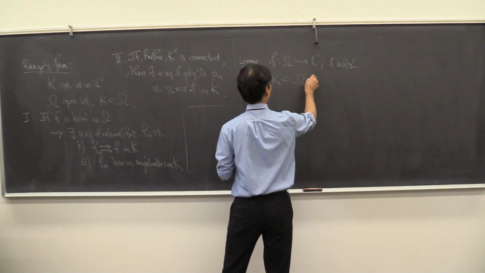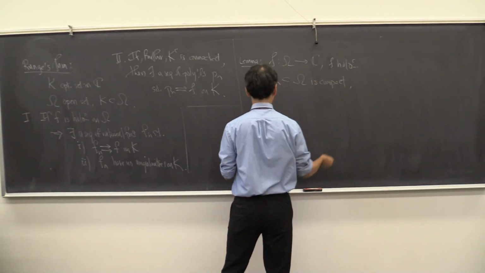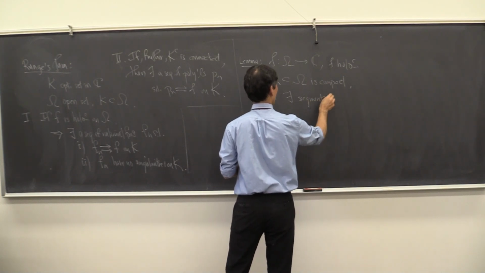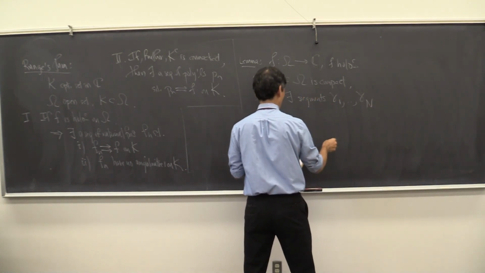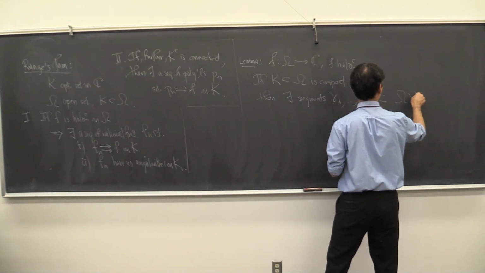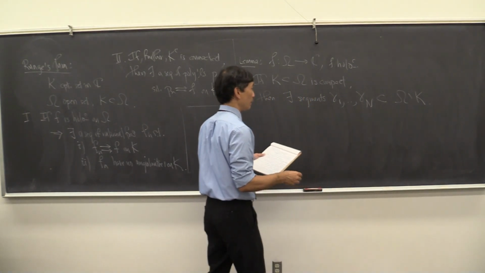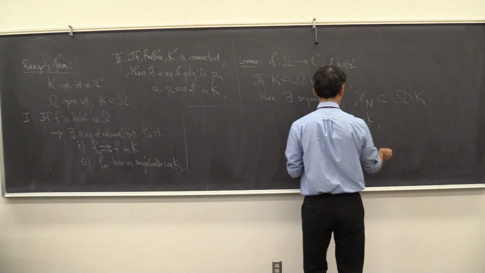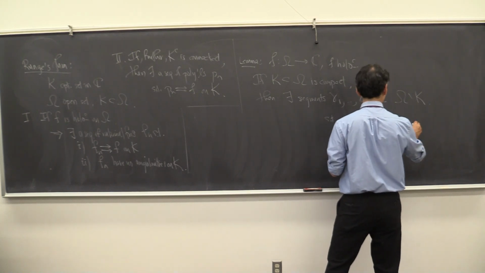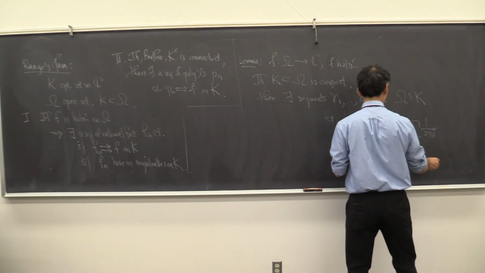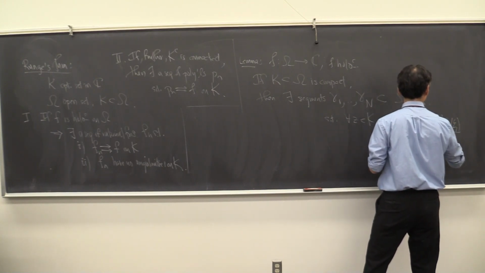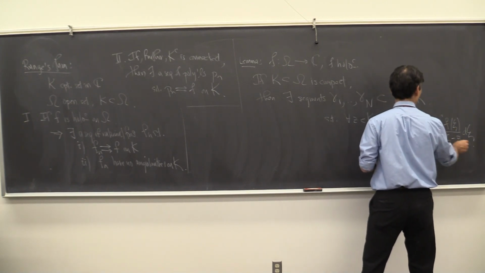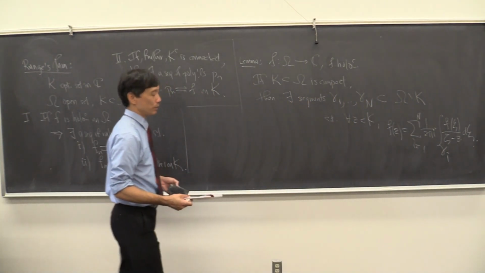If K contained in omega is compact, then there exist segments gamma 1 to gamma n contained in the complement of K in omega, such that for all z in K, f of z equals the sum of 1 over 2 pi i times the integral of f of zeta over zeta minus z d zeta over the segments.